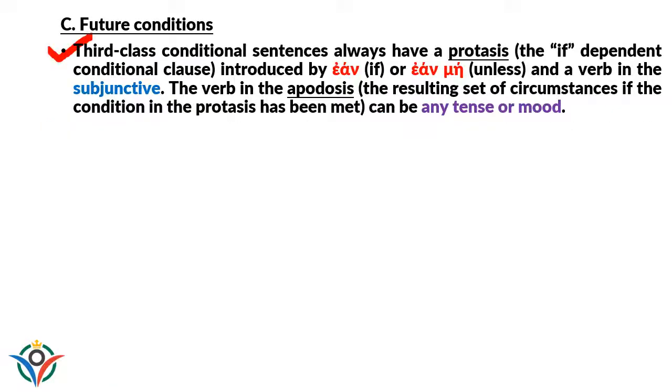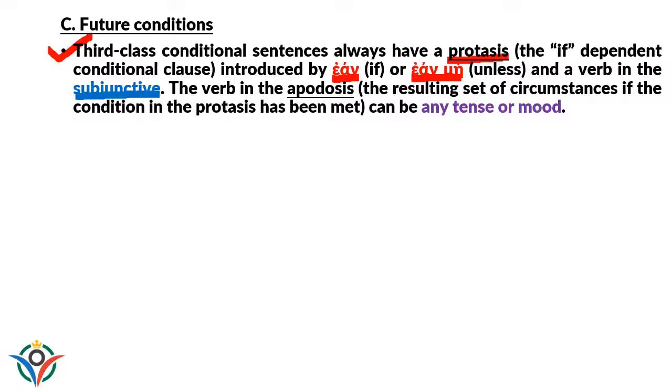Furthermore, third-class conditional sentences always have a protasis, and the protasis specifically is the if-dependent conditional clause, which is introduced by ean. We can translate that as if, or ean mē, unless. And here is the key, a verb in the subjunctive mood.